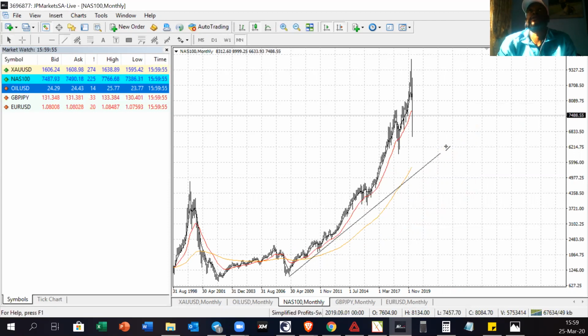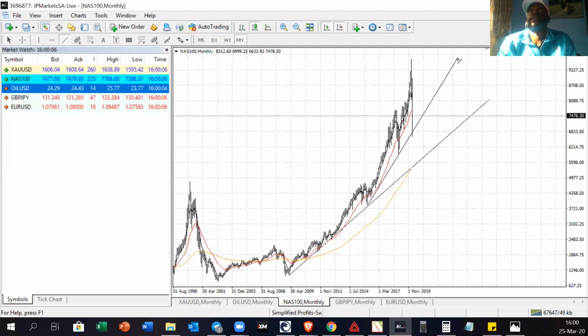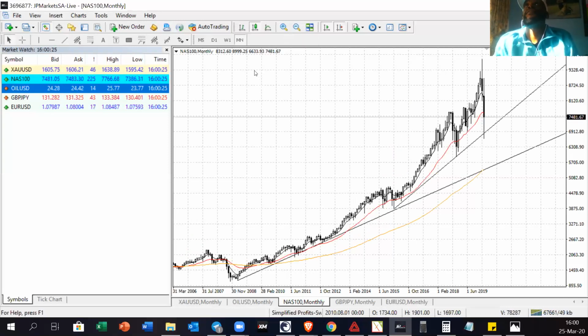So what we can do is go ahead and draw that trend line there. Price is still above this trend. Before, I deleted all these lines, but now I'm drawing them again for the sake of going into Q2 with a fresh mind, a fresh pair of glasses.